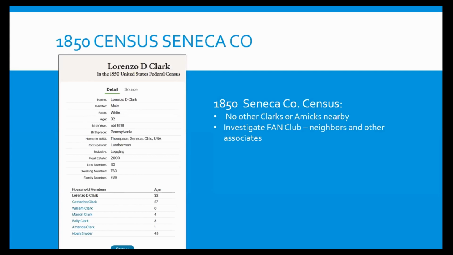So the FAN club is an acronym. It stands for Friends, Associates, and Neighbors. Friends and family, associates, and neighbors. So who did Lorenzo hang out with in Seneca County, to use a modern vernacular? And can you link any of those people to being family members of his or his wife's at this point, since we don't know anything about her either?